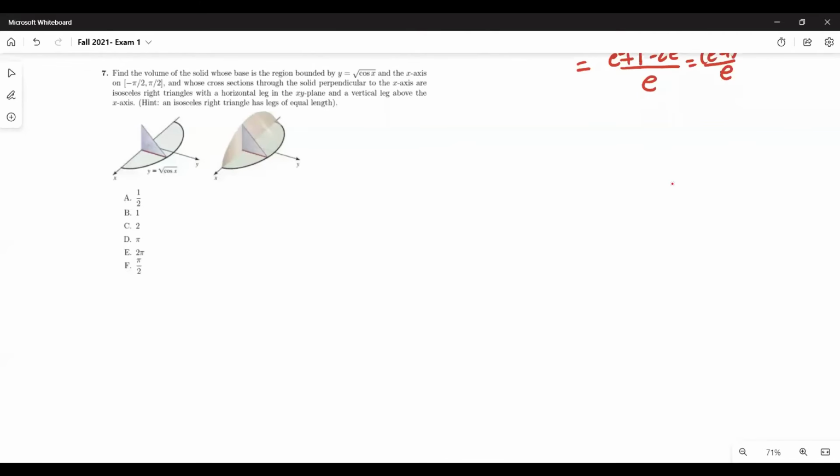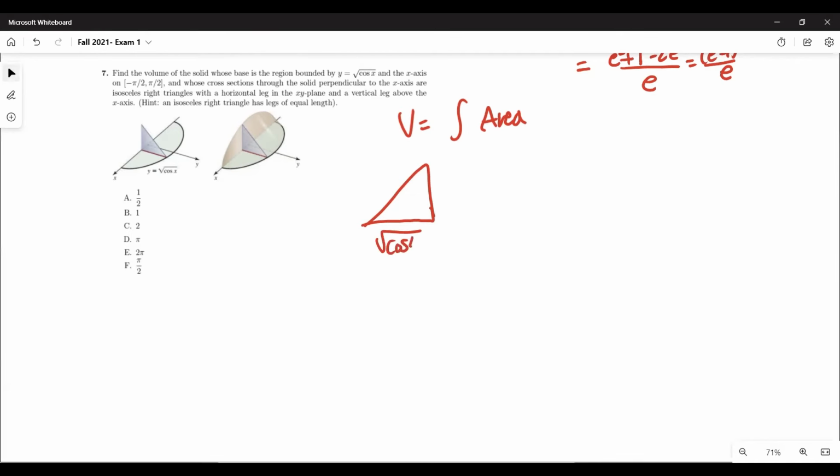So the question asks to find the volume of the solid whose base is the region bounded by the curve. So in order to find the volume, we need to find the area. So the volume is the integration of area. So let's draw it first. So the isosceles right triangle is bounded by y equals square root of cosine x. So the height and the width are both square root of cosine x.